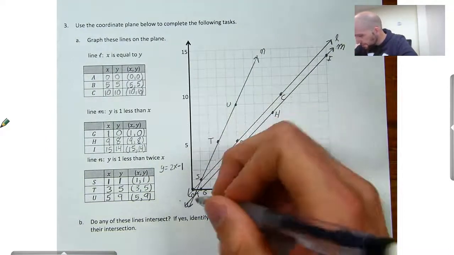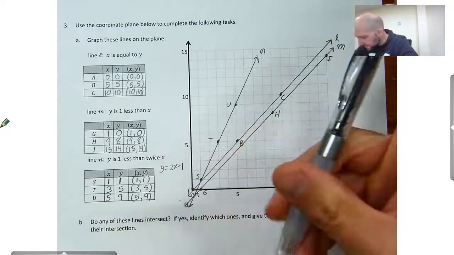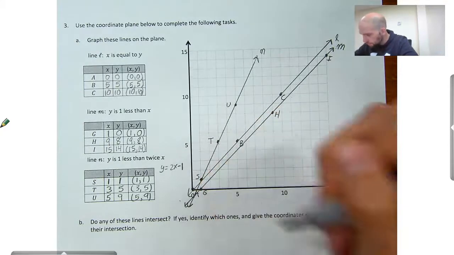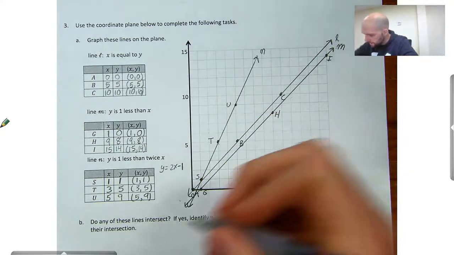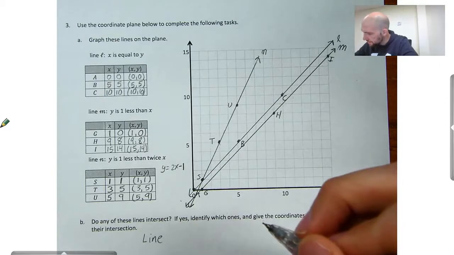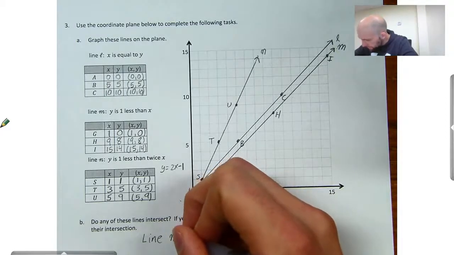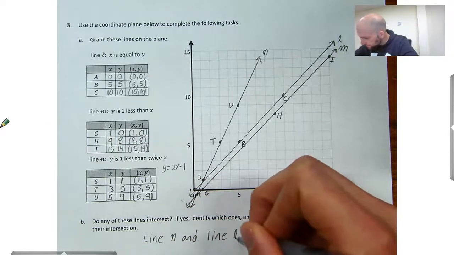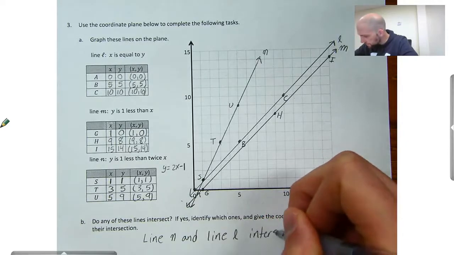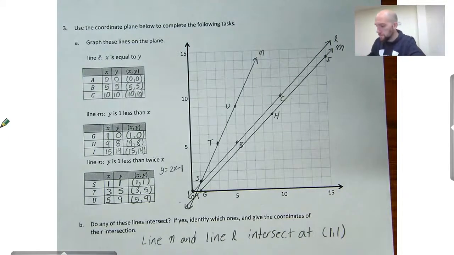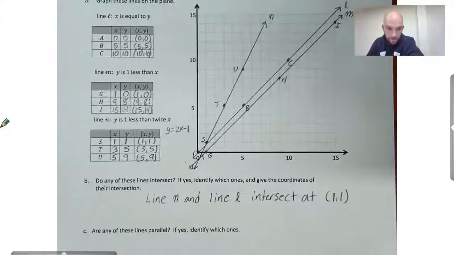Some of these lines intersect beyond the grid here, but the only ones that intersect on the grid are going to be line N and line L, right here at this point S. Line N and line L intersect at 1, 1. That follows both of those rules for those lines, so those two are going to intersect.